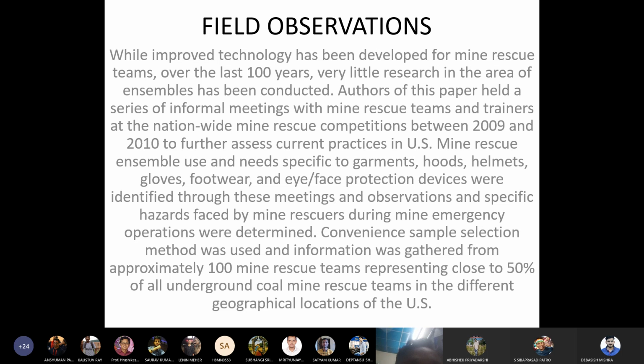The convenient sample selection method was used, and information was gathered from approximately 100 mine rescue teams representing close to 50% of all underground coal mine rescue teams in different geographical locations of the United States of America.